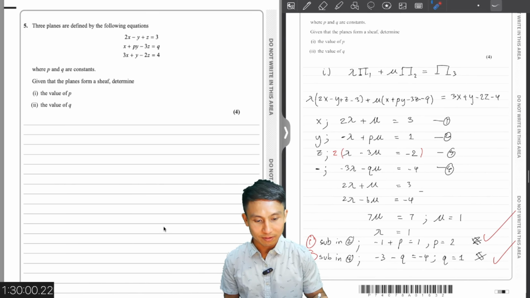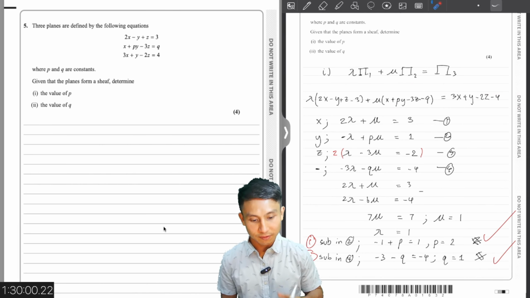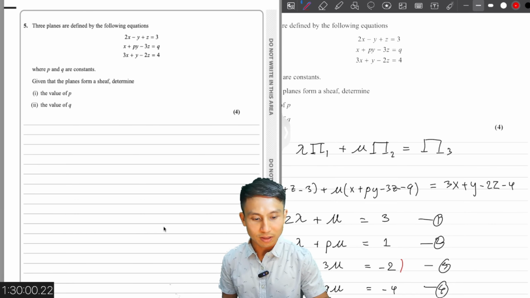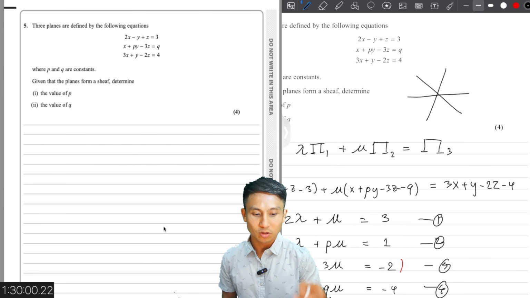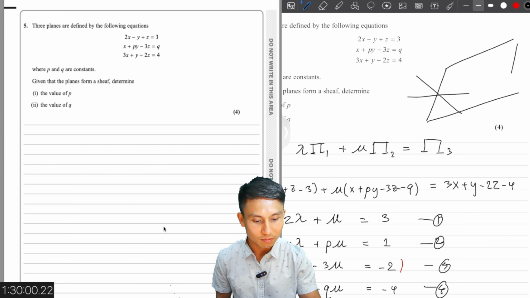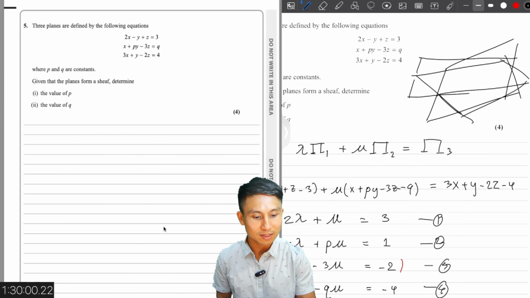Make sure you understand the linear combination method here. If it's a sheaf, okay, a sheaf looks like this if you look from a cross section, it's going to intersect like that. So looking at the planes from the cross section, you can draw that: this is one plane here, and this is another plane, and this might be another plane, just intersecting in a line like this.